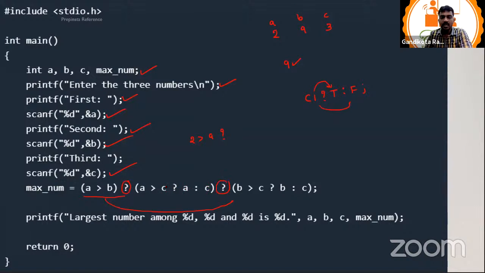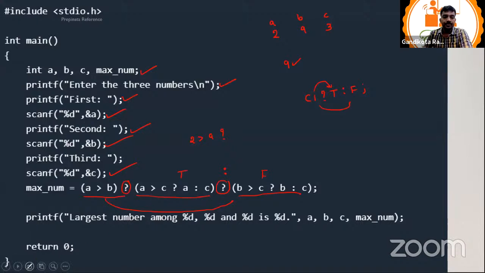What is this? Something is wrong here. After the question mark comes the true statement, and for the false statement, it should be a colon.